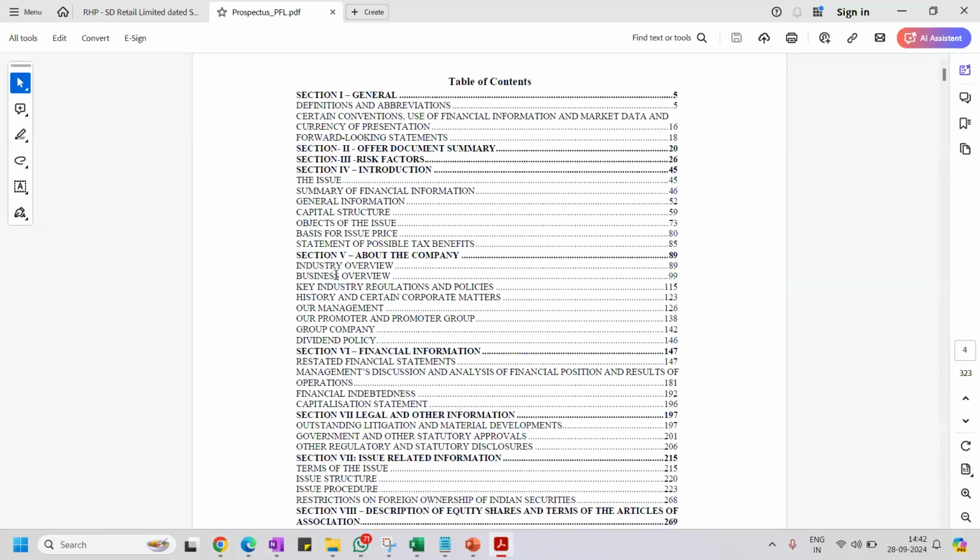Usually the order book information will be there in the business overview section. Here it is around 99, so we'll say 100.